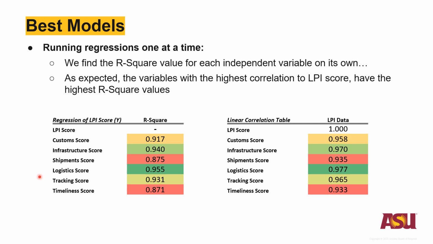As we predicted from the correlations determined previously, we find that logistics score and infrastructure score had the two best R-square values in determining the LPI score. So these two categories are going to be our best predictor of LPI score.